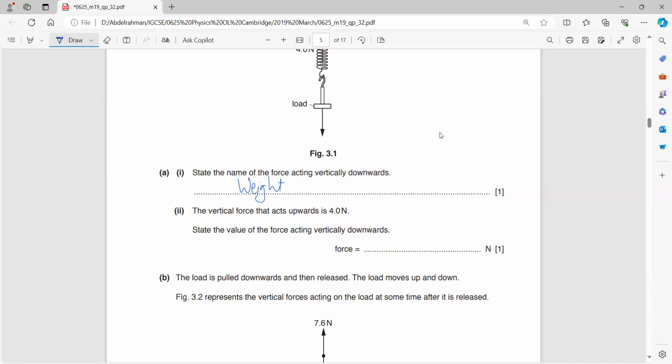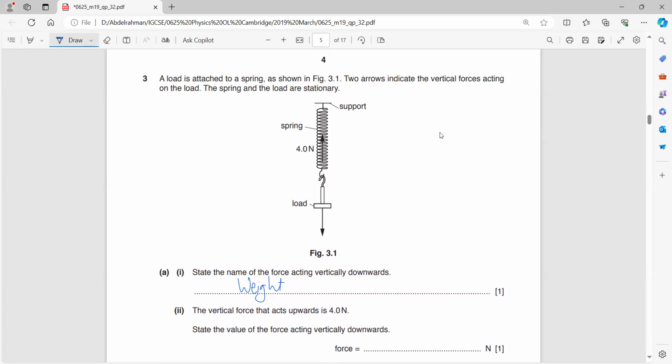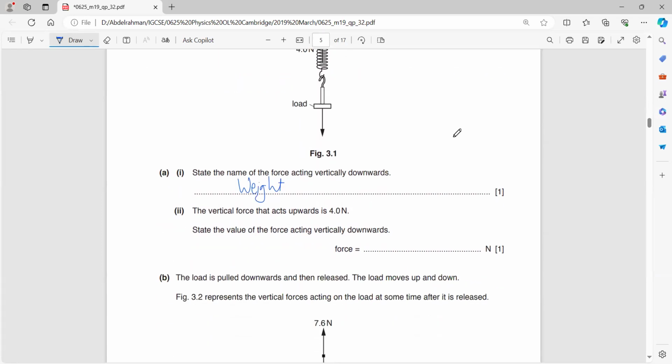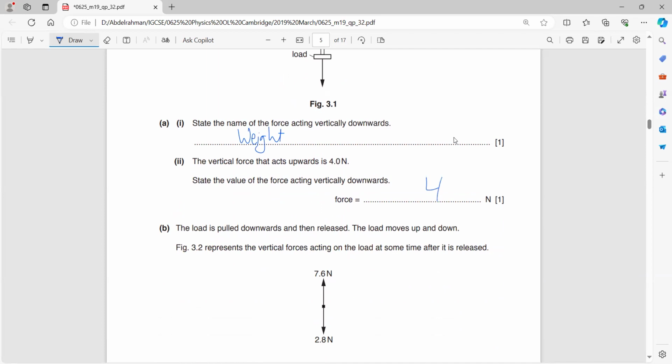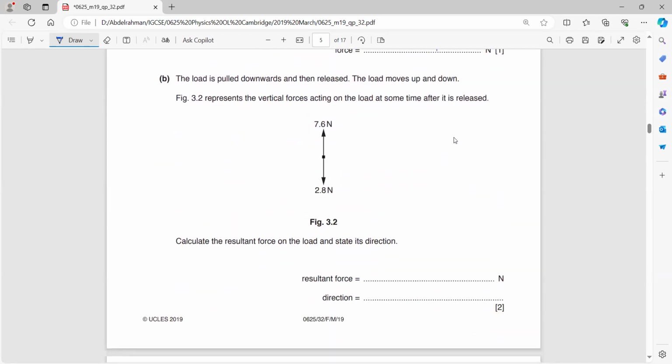State the value of the vertical force downwards while it is at rest, while it's stationary. 4 newtons. Can I find the resultant force and the direction for this point? Resultant force is 4.8 upwards. 7.6 minus 2.8 would give me a total resultant force of 4.8, and the direction is upwards.